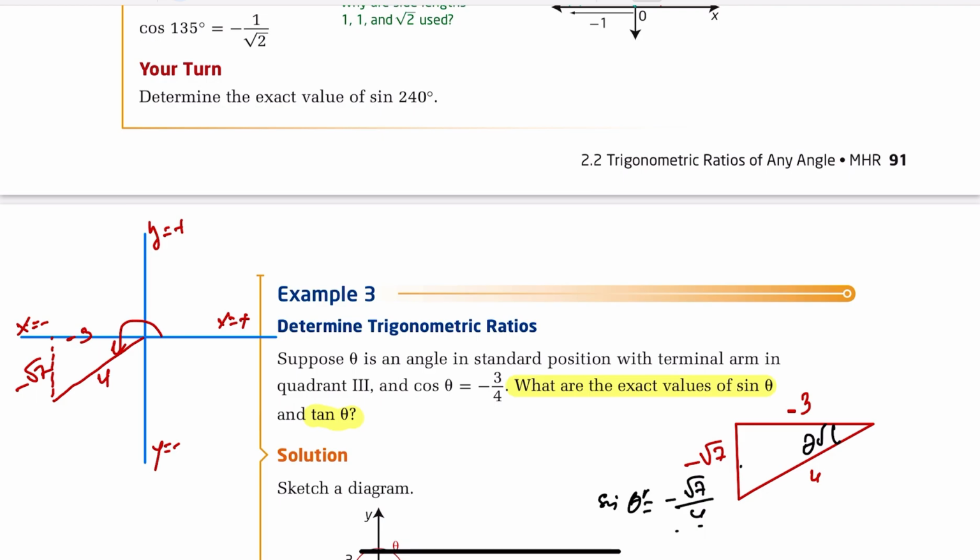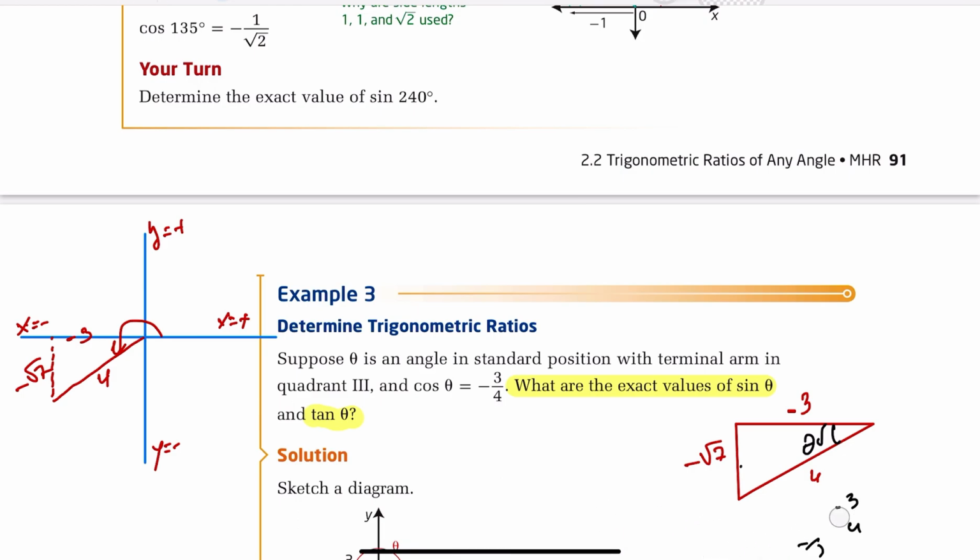Which is actually the same as my cos theta, which is minus 3 over 4. The tan theta is minus square root of 7 over minus 3, which is square root of 7 over 3. So let me clean this.